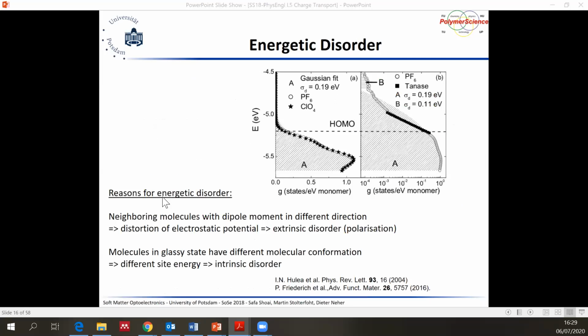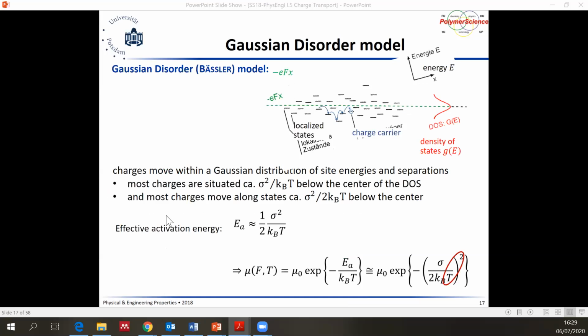This is what I'm describing here: neighboring molecules with dipole moments in different directions, or energetic disorder. I'll come back and explain this again, but I'm just giving you an introduction. The sigma is the disorder, the width of the jumps that they have to do.